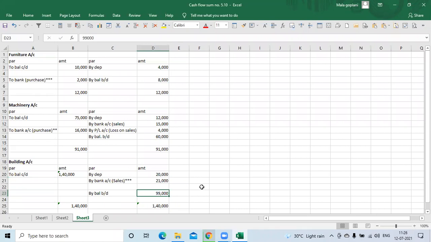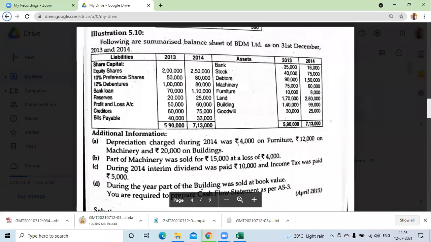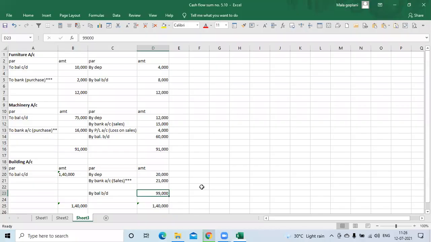Now tell me, what is the first adjustment on building? Depreciation, isn't it? Yes, ma'am. So how much is the depreciation? 20,000. So write down 'By depreciation 20,000'. Look at the screen, you will come to know then.